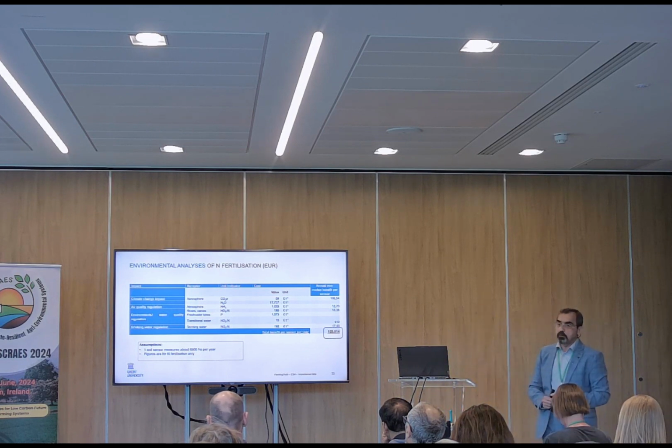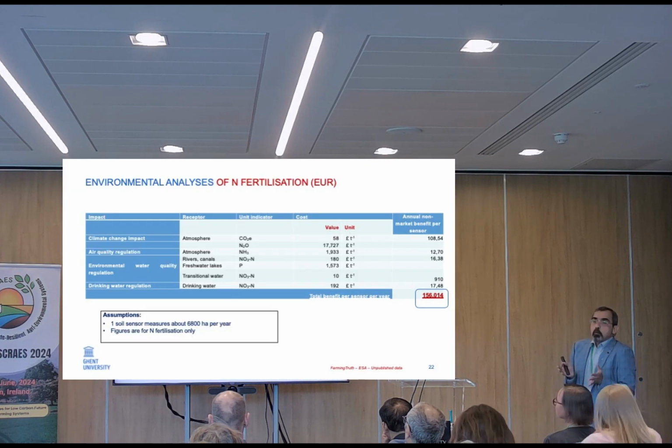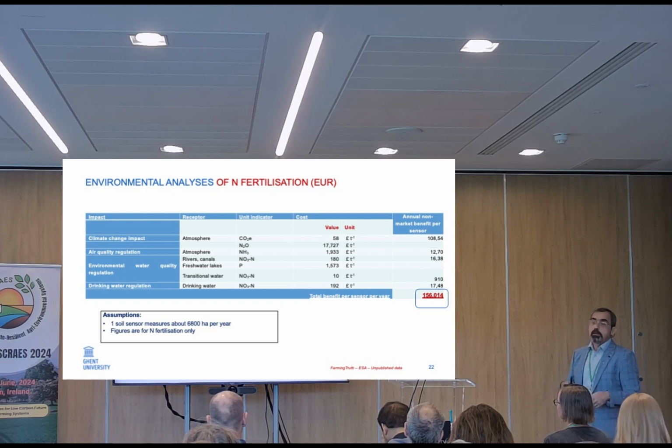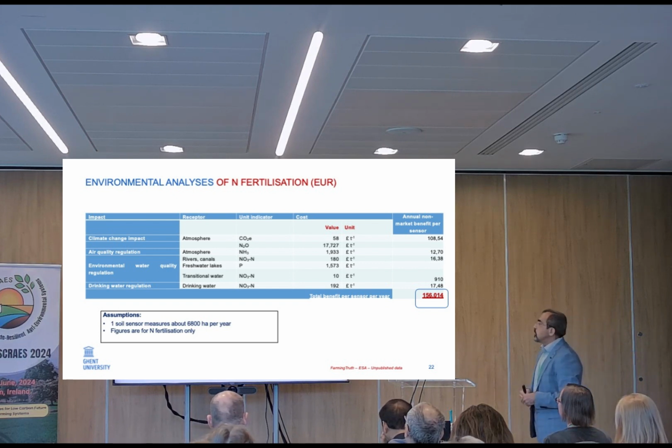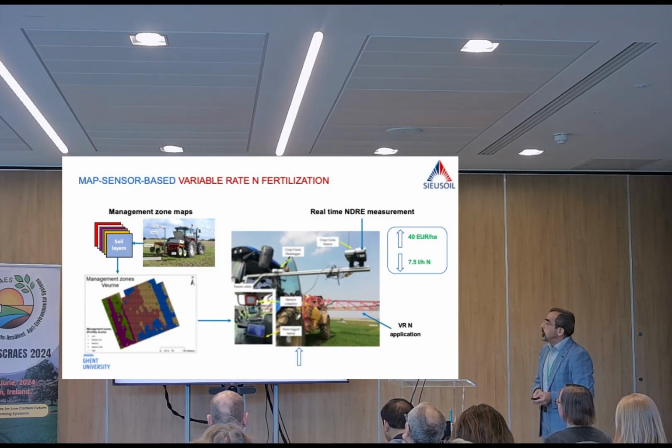That is because we can apply the right amount in the right place and right time, meaning that the crop will consume what we apply, and there is no extra being wasted into the environment, to water resources and into the air. So there is no need to clean those resources. And if we don't need to clean those resources, then the taxpayers will save up to 156,000 euros over 4 years by covering 7,000 hectares of land.